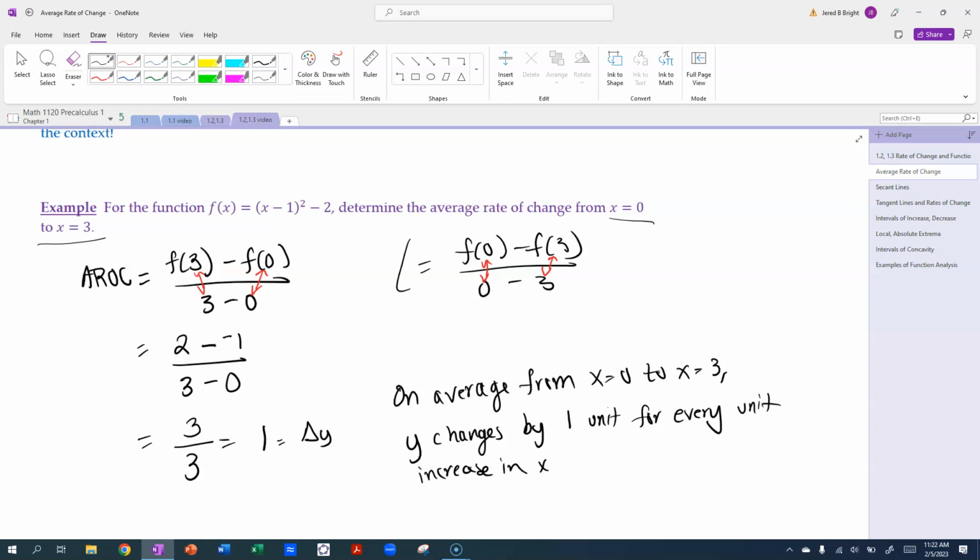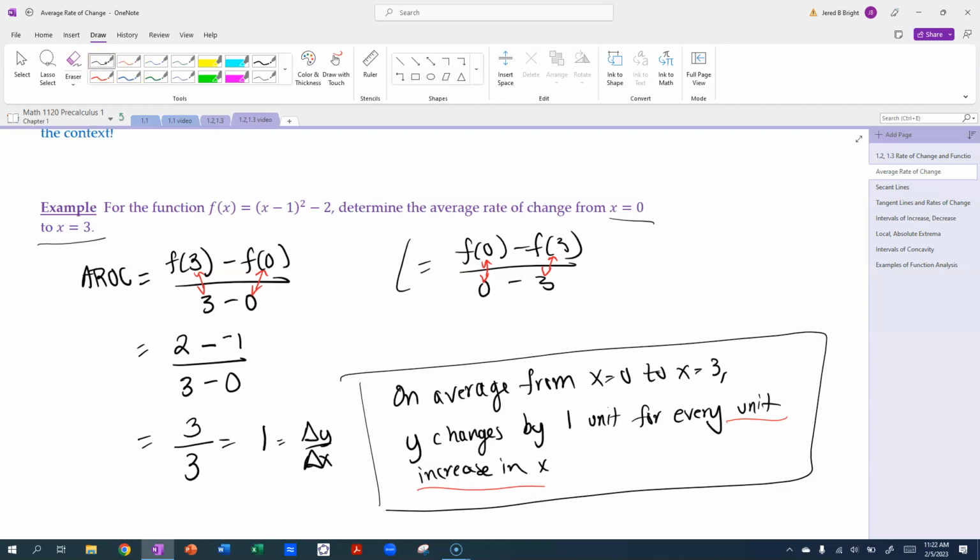Since it is slope, remember this is just delta y over delta x. When the denominator is 1, that's what this last part is saying: for a unit increase in x, the change in y is whatever we get. So be careful of your interpretation, and otherwise have fun with some calculation with average rate of change.